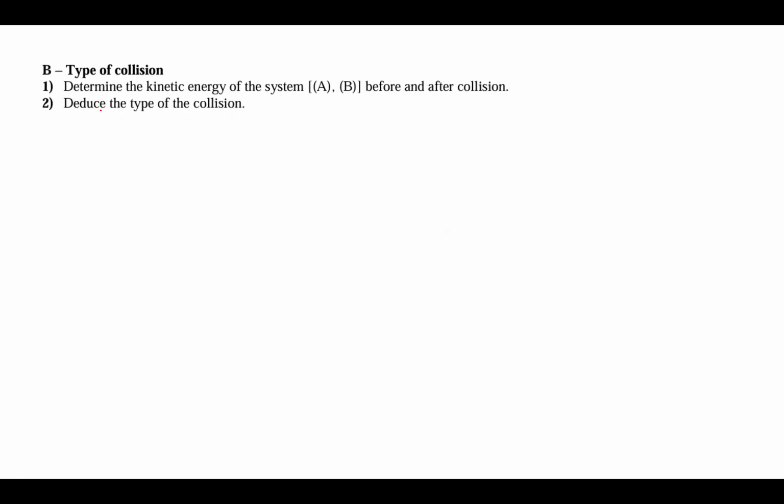Part B, determine the kinetic energy of the system before and after. We are studying the system A, B. What do I have before and what do I have after? Before, the kinetic energy of the system in total is KE of A, which we named 1, and KE of B was 0. So it equals half MA V1 square, and this is 0, so the answer is 0.05 joules.